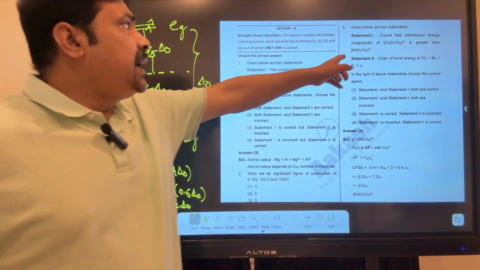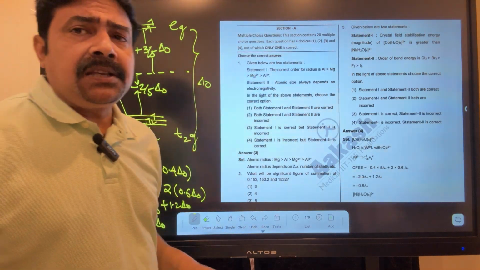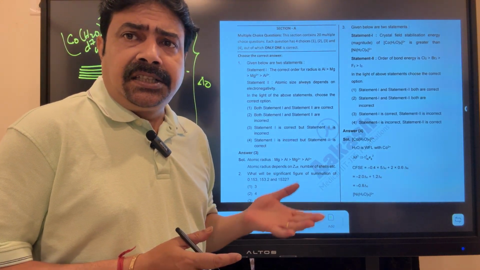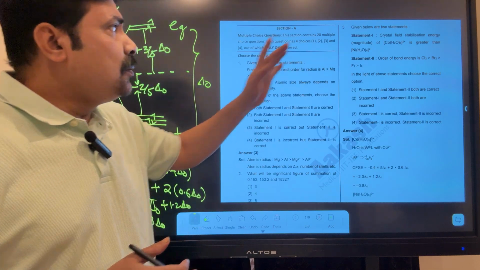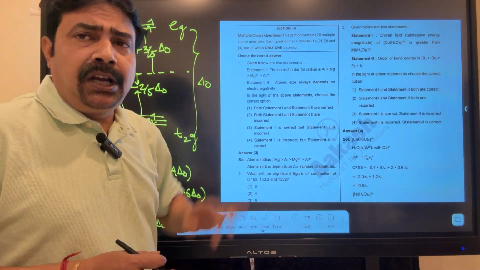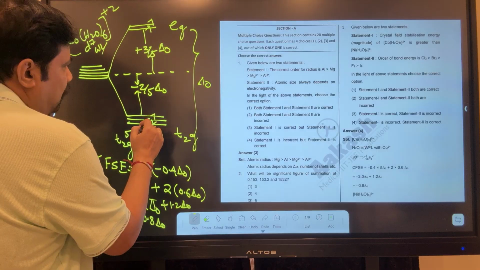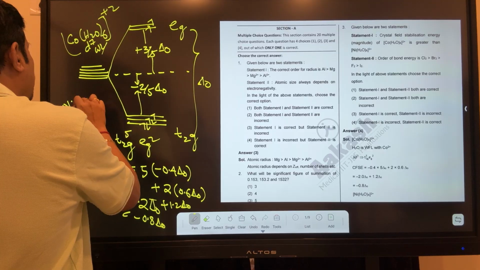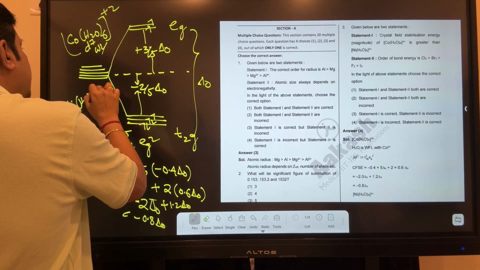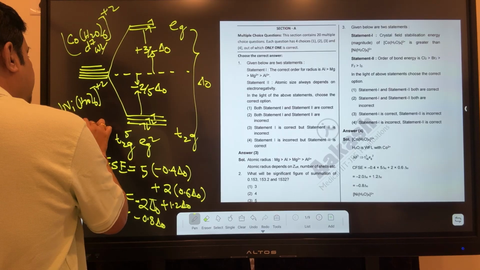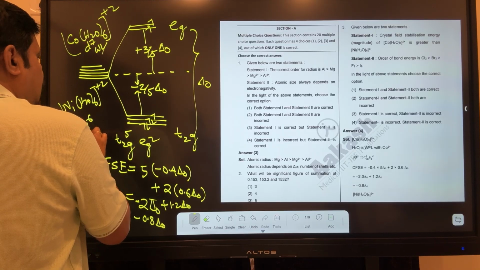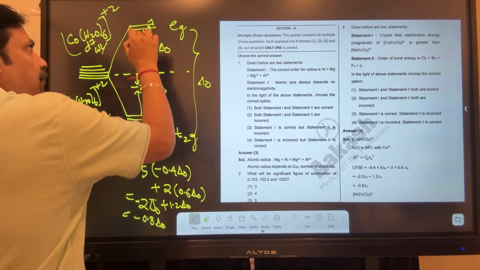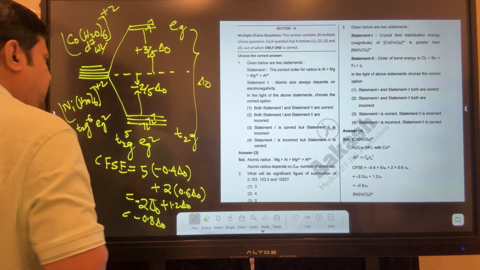Whereas the [Ni(H2O)6]2+ complex means nickel is in a d8 configuration, because neutral nickel is d8 4s2. The +2 state means d8, 8 electrons, and a weak field ligand. How will it fill? Same way, 1, 2, 3, 4, 5, 6, 7, 8. That means in [Ni(H2O)6]2+ the situation will be T2g6 and Eg2.